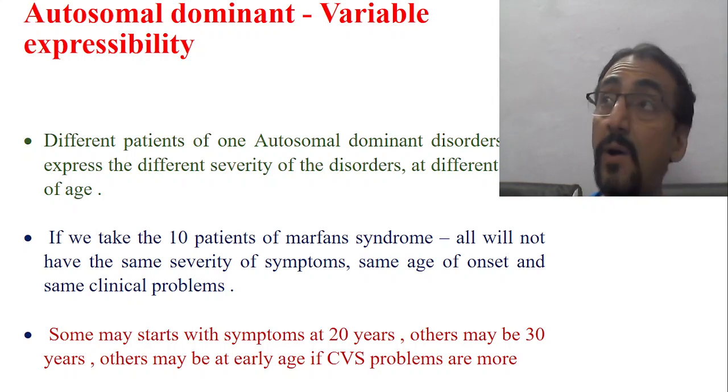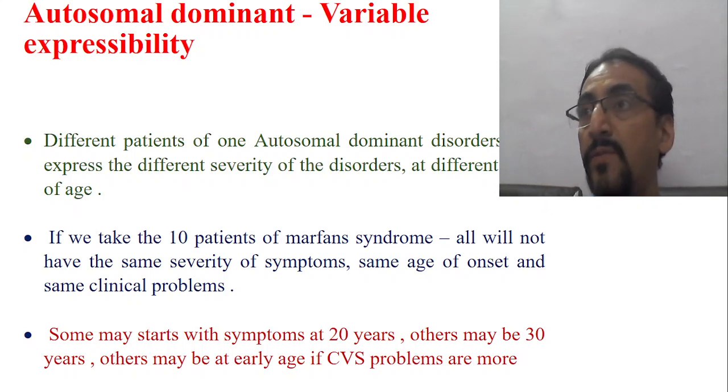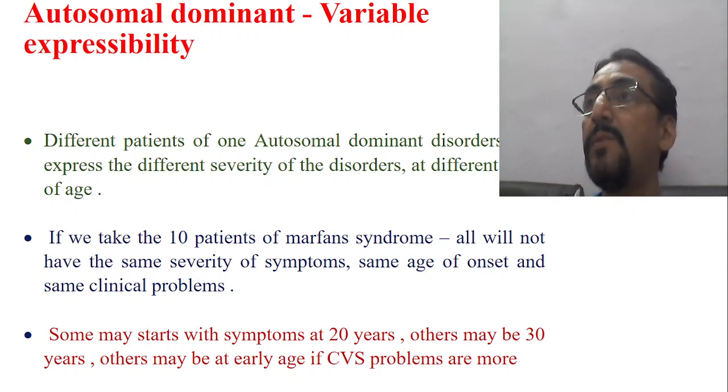Different patients of one autosomal dominant disorder, for example Marfan syndrome, may express different severity. Suppose out of the three systems in Marfan syndrome, only one system is affected, he does not have much severity.